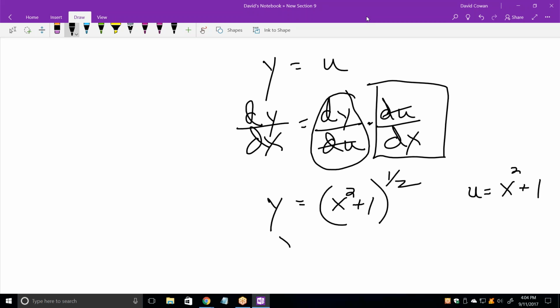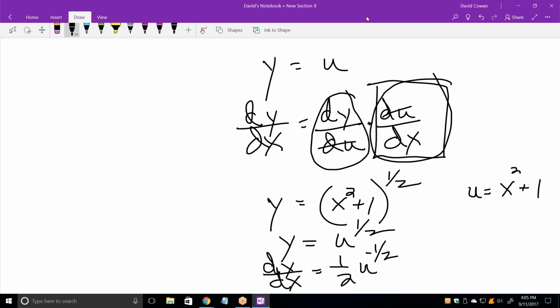So now we have y equals u to the 1/2. If I want to differentiate that, if I want dy/dx, then it's 1/2 u to the minus 1/2. You with me? But then what's du/dx? Because I still have to multiply it by du/dx.